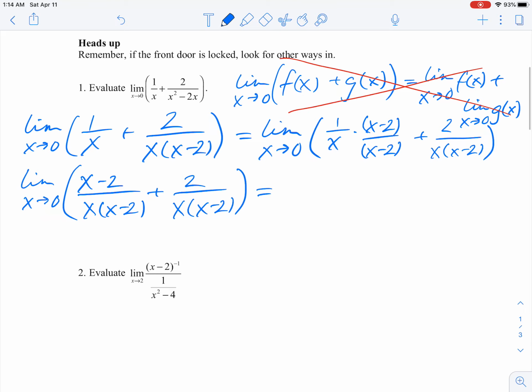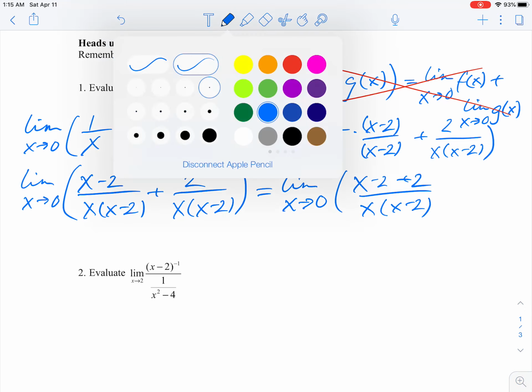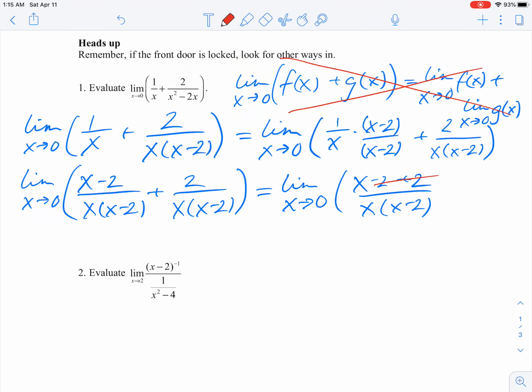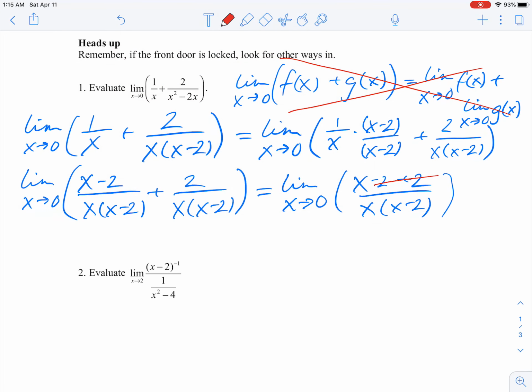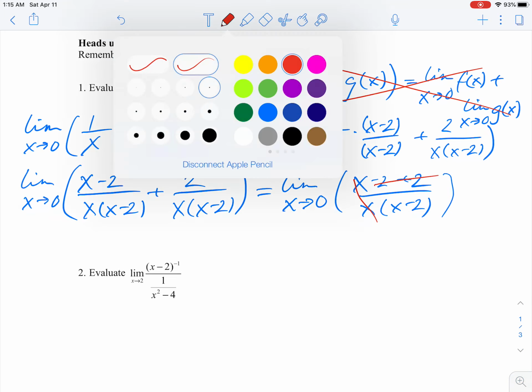Now, when we combine these two, we are going to get a rather nice result, because x minus 2 plus 2 up top and x times x minus 2 produces first a situation where my 2's cancel out, and second, a situation where I can cancel those x's, top to bottom.